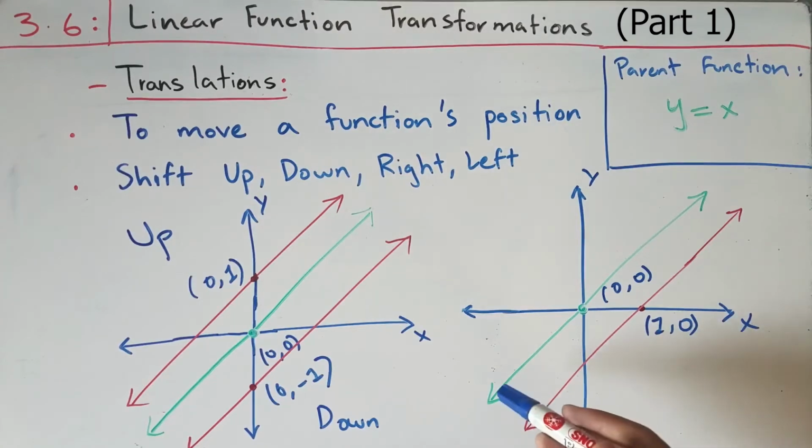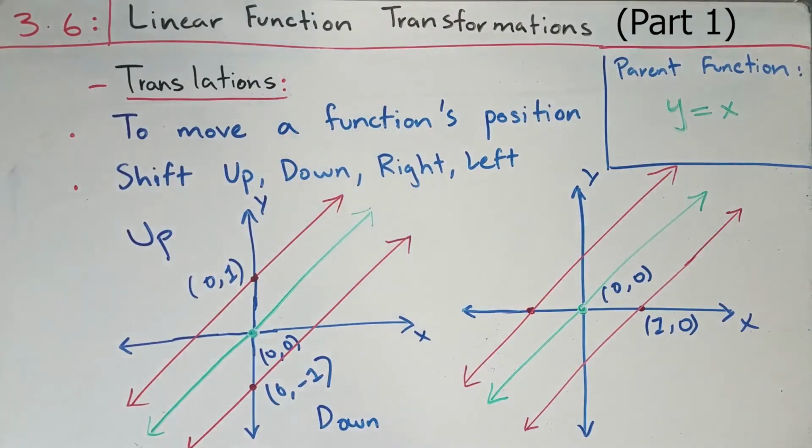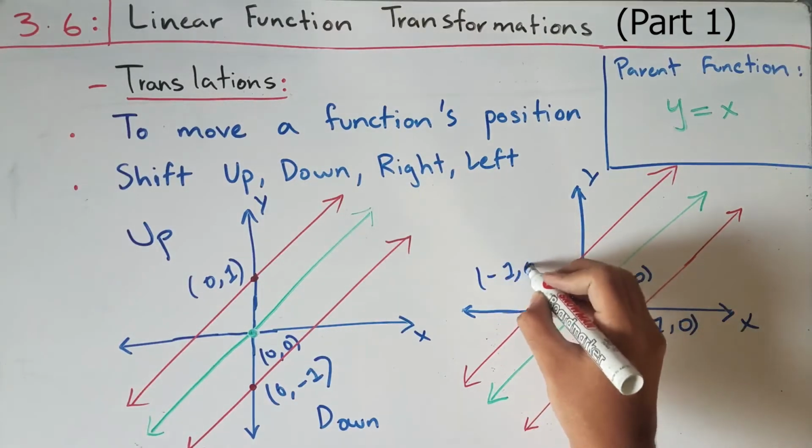Now let's translate the parent function y equals x to the left by 1 unit. And if you translate it, you get a graph that looks something like this. So this time all my x values have been translated to the left by 1 unit. In this case, our intercept has shifted from (0, 0) to the new x-intercept of (-1, 0).